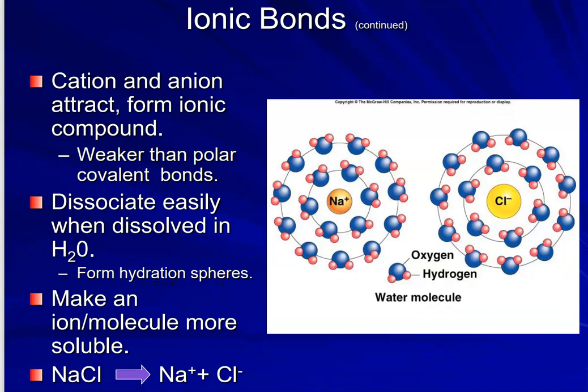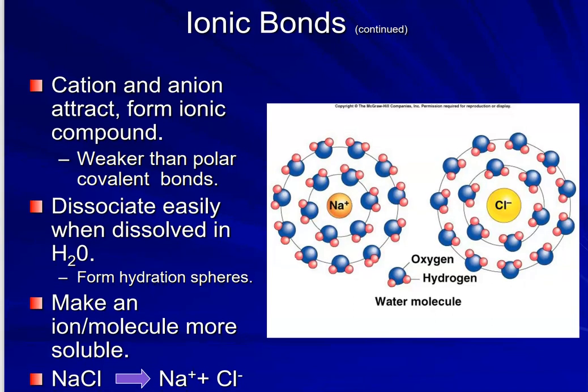They form really nice hydration shells. So in other words, picture dissolving salt in water. It's pretty easy to do. It dissolves nicely in water. Why? Because the sodium ions and the chloride ions carry a charge. And then water molecules, the oxygen end is slightly negative, that has this negative polarity.